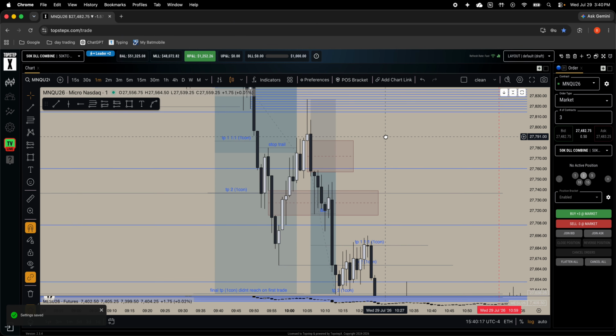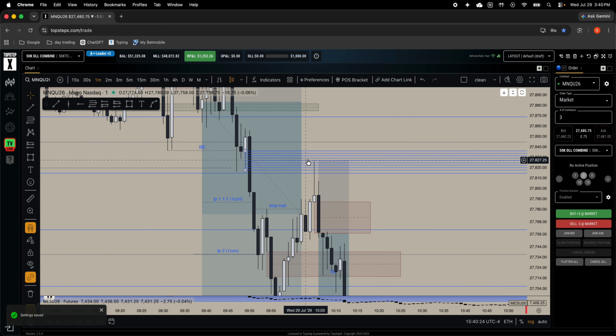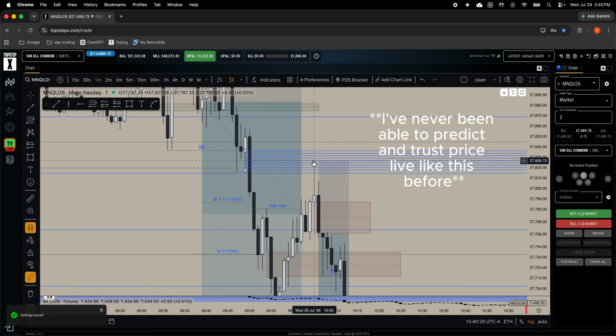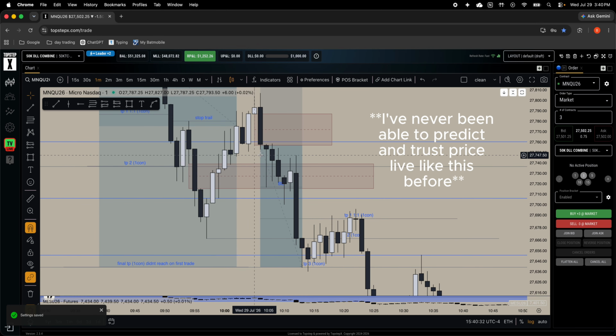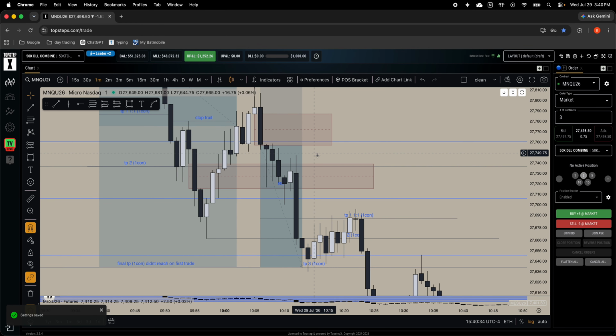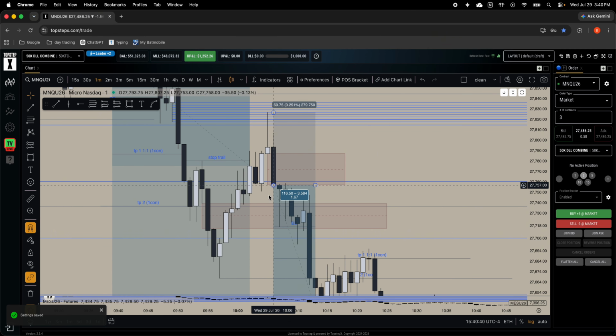This is great. This feels like alarm bells going off in my head, because I've never been able to interpret price like this, but it makes so much sense to me using these levels. Same thing here, boom. And it's not even that I'm using them to enter the trades, I'm using them to manage my live trades and trail my stop.